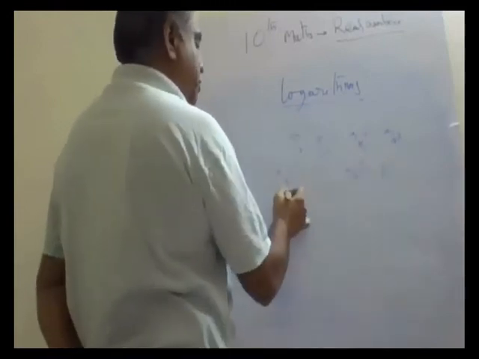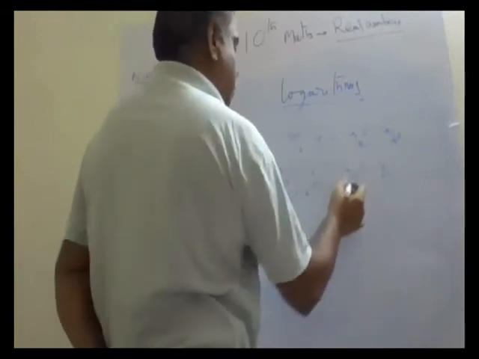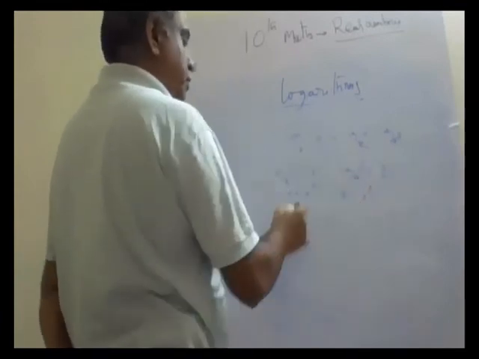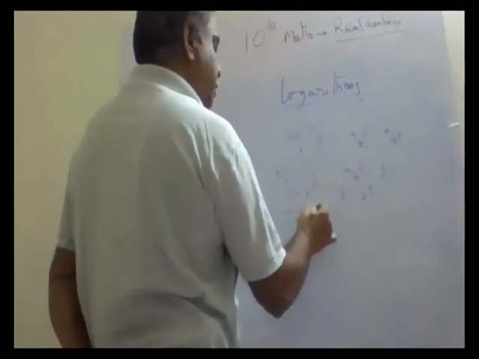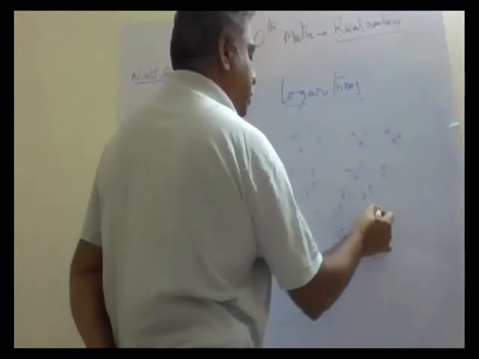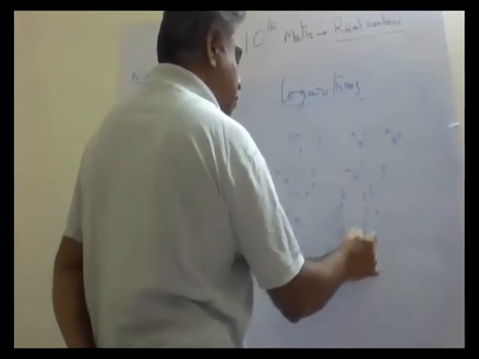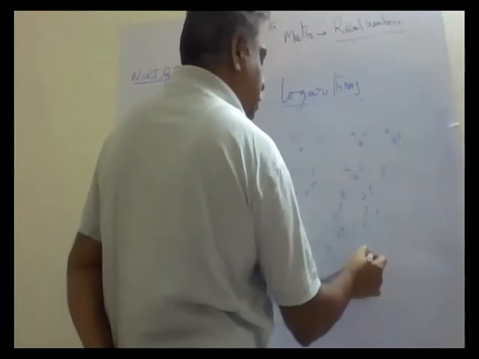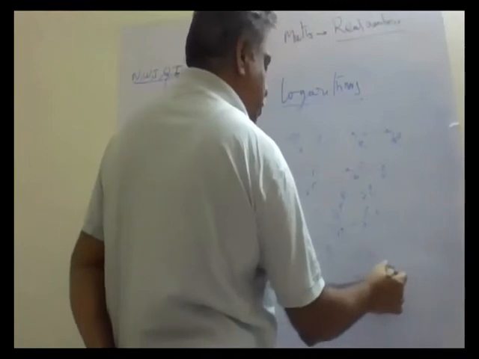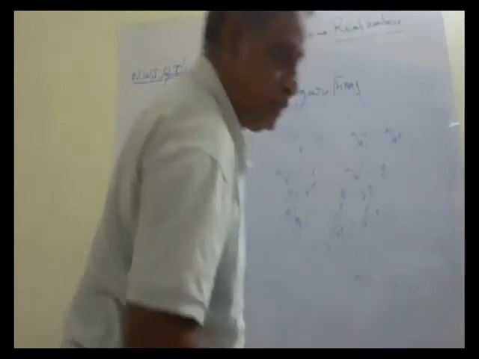Then a is equal to x to the power of p, and b is equal to x to the power of q, both with the same base. When I divide, a by b is equal to x to the power of p by x to the power of q, that is x to the power of p minus q. When I convert this into logarithms, log of a by b to base x is equal to p minus q. What is p? p is log a, q is log b. So log a minus log b. Understood?